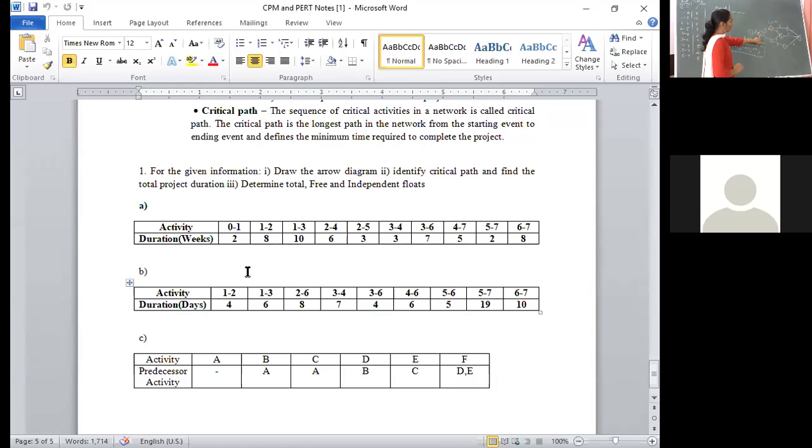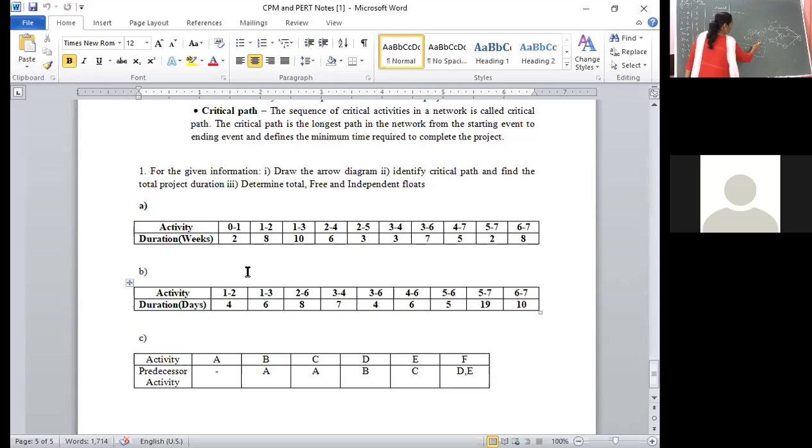Next, from node 1 it goes to 3. That means next we calculate E3. For 3, the incoming arrow is coming from 1. The formula is E1 plus T13.